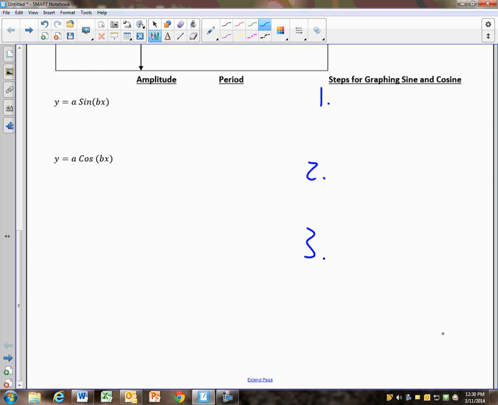All right, front page. Here you go. All right, so let's just suppose that was your function. Let's talk about the steps that you took to graph these things. When you're graphing these, what's the first thing that you did? Figured out the amplitude.